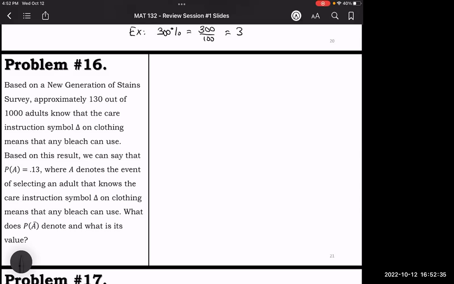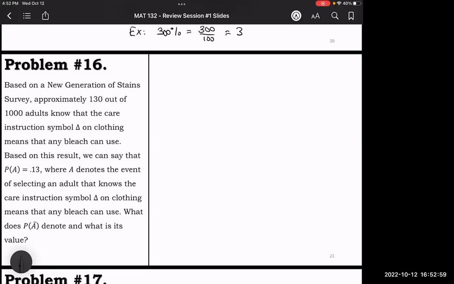I didn't know that. Based on this result, we can say that the probability of A is equal to 0.13. The way they got the 0.13 is that they took the 130 and divided by 1,000, where A denotes the event of selecting an adult that knows that the care instruction symbol, delta, on clothing means that any bleach can be used.